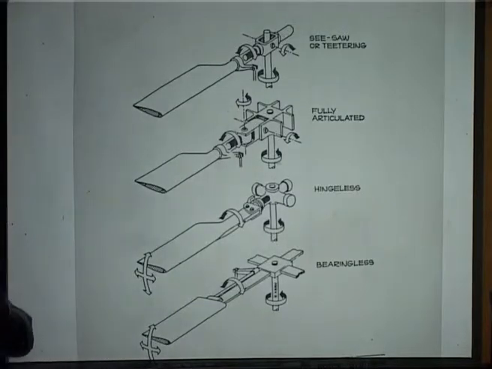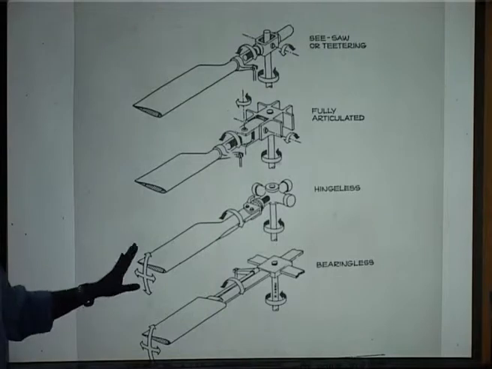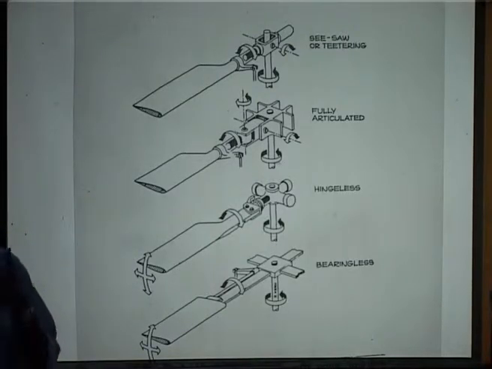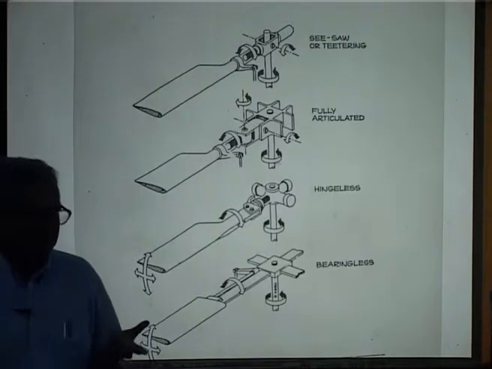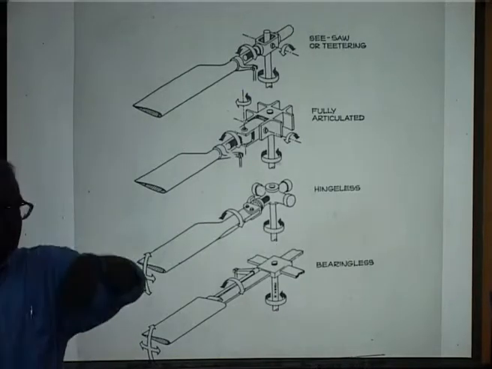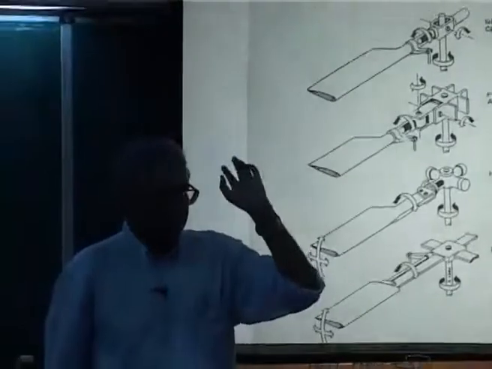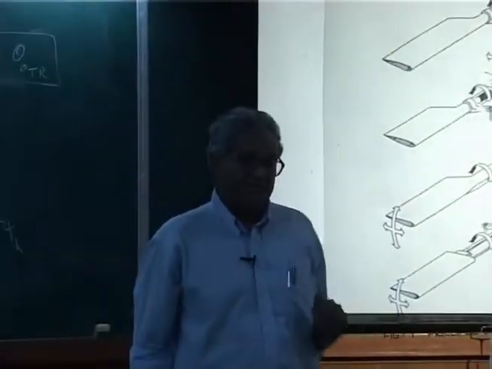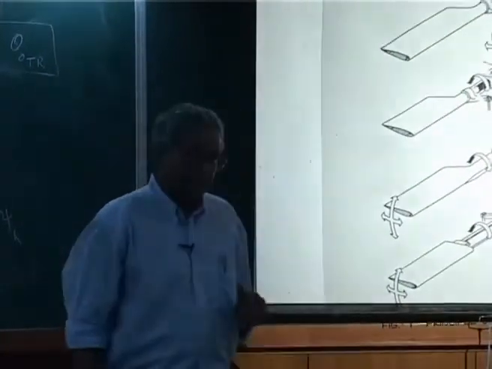So now you see, from an operational point of view, articulated rotor systems are good, I can attach everything, but for maintenance you have to replace parts. Replace part means you have to bring down the whole unit, remove it, put it, and only then make it operational.